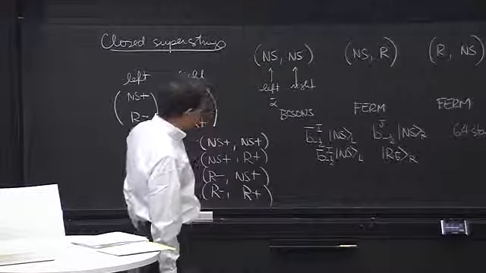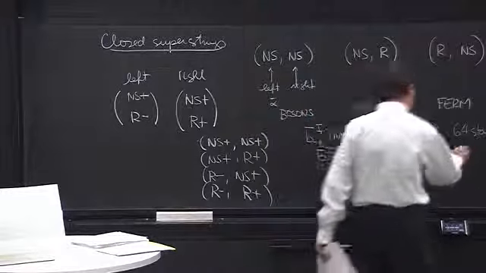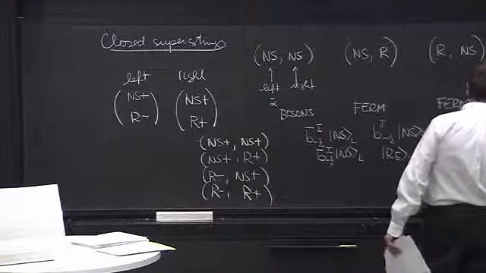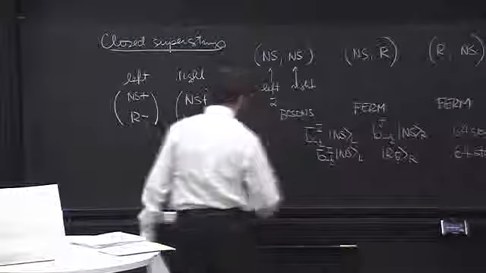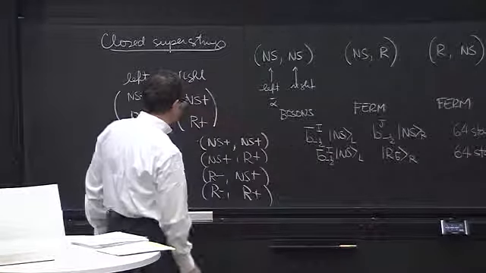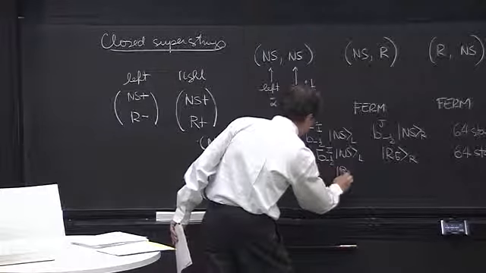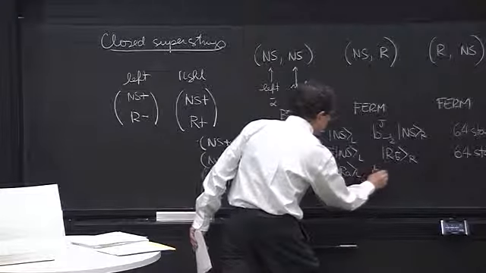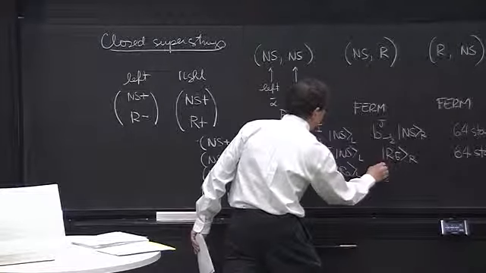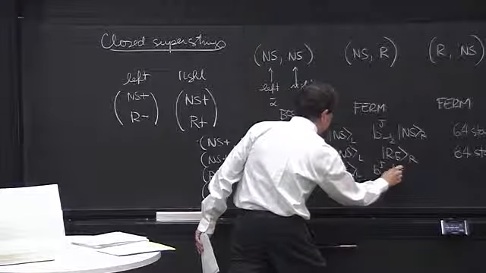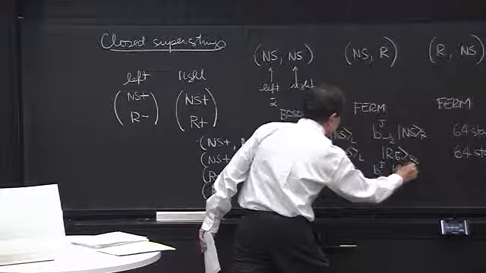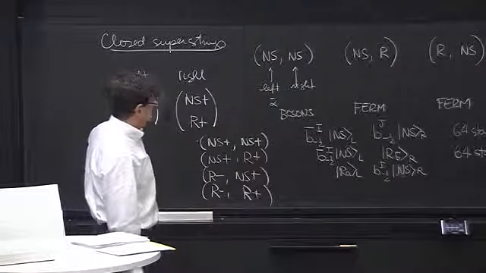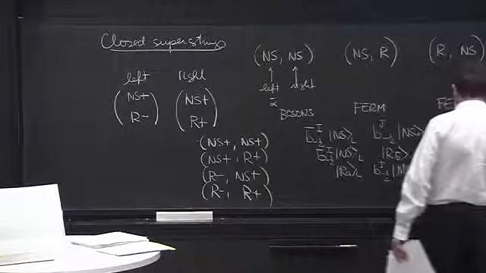These are fermions, and there's 64 states of fermions. There are 64 more fermion states here, and this would be RA, because F is minus 1 on the left, times B minus 1/2 I on NS right. This is 64 more fermions.